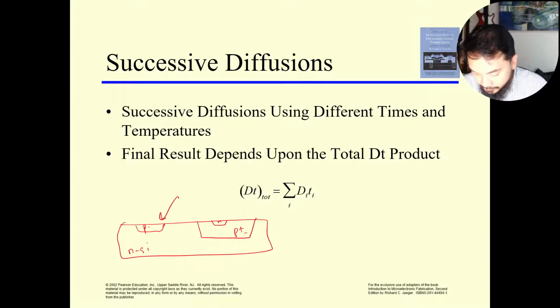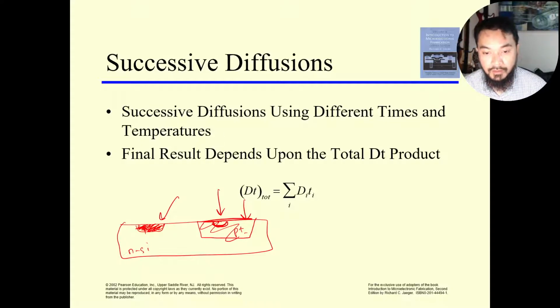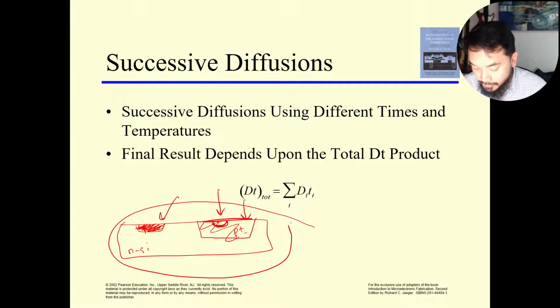All these shallow junctions, or we call it diffusion wells, must be done in 3 different diffusion processes. So you have to deposit this one first, and then you diffuse, and then you deposit for this one, then you diffuse, and then you diffuse for the third one as well. As you do it, the whole thing must be included in the process. Once you have done the first one, you carry on to do the second one.